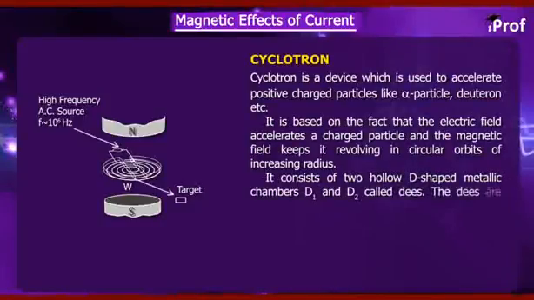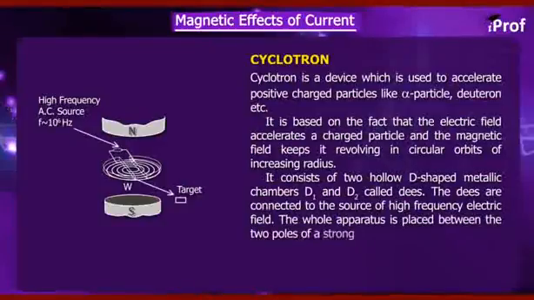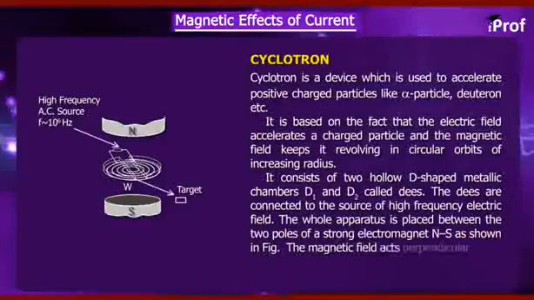It consists of two hollow D-shaped metallic chambers D1 and D2 called Ds. The Ds are connected to the source of a high frequency electric field. The whole apparatus is placed between the two poles of a strong electromagnet NS as shown in the figure. The magnetic field acts perpendicular to the plane of the Ds.